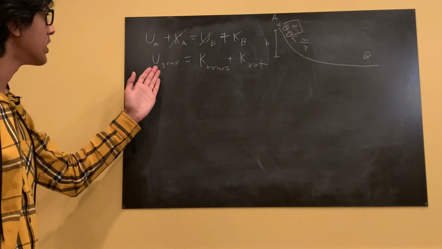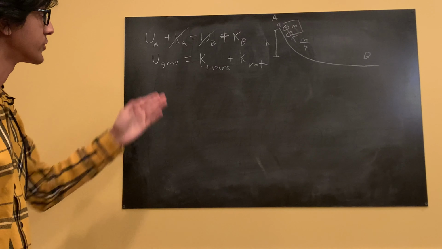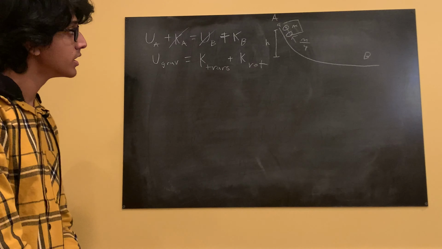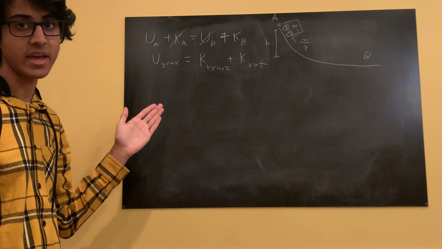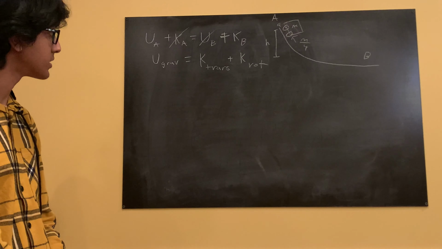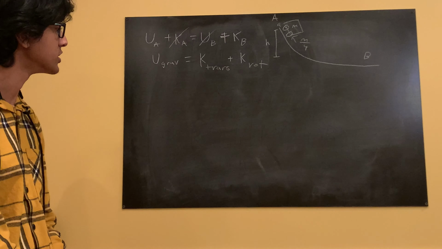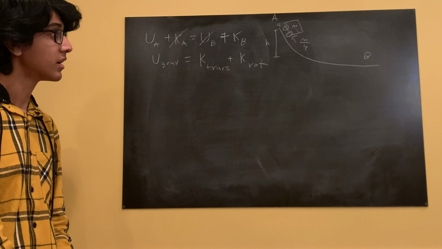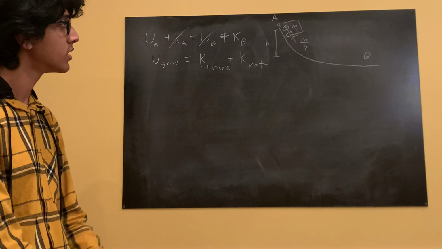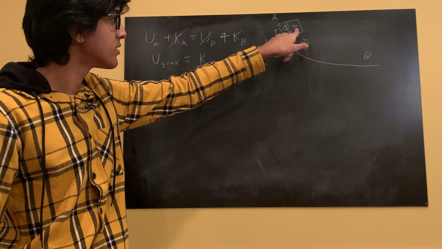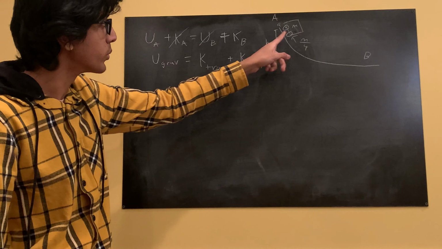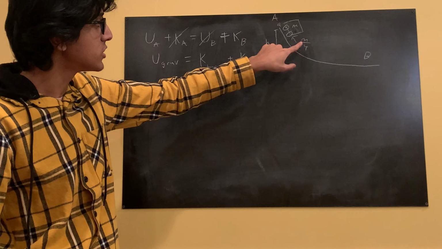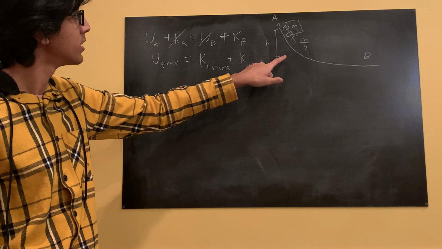So what would our gravitational potential energy be? It would be the mass of this entire thing. It'd be mgh, that's gravitational potential energy. But what would our m be? Our m would be the mass of this, right, plus the mass of the 4 wheels, and each wheel is m over 4.